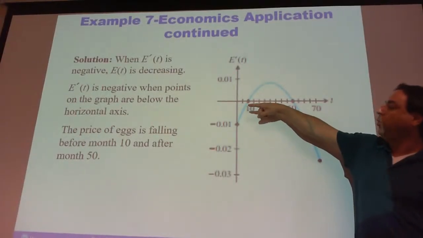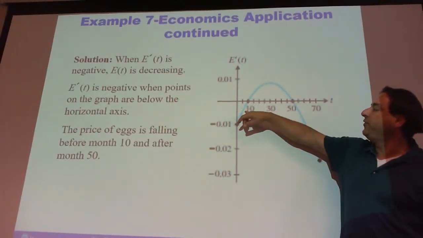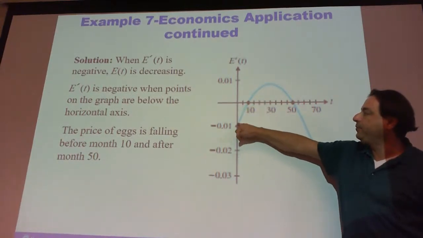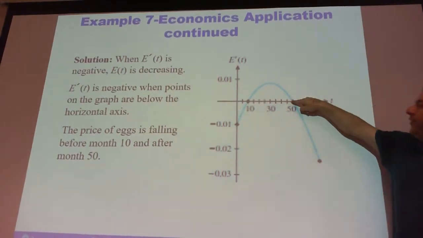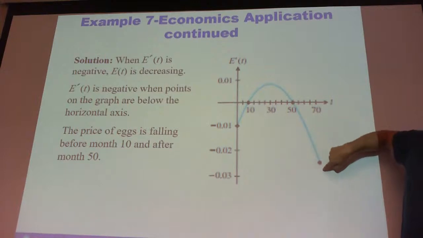Again, this is the tricky part of this. It's a graph of the derivative. So when is the graph negative? The price of eggs is falling before month 10 and after month 50. That's when the price is falling.